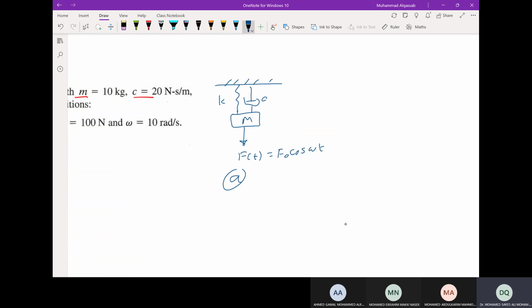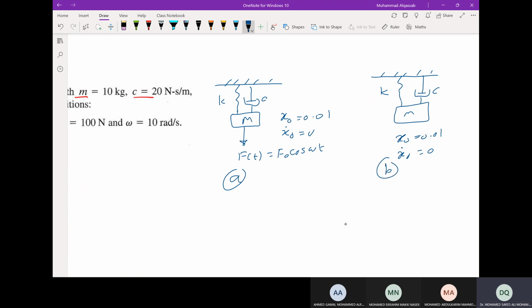Here we have x at 0 is 0.01 and x0 dot equal to 0. Condition B is the same system but without force, K, C, and M, and that F of t is 0. We have only initial conditions, x at 0 equal to 0.01 and x0 dot equal to 0. In each case, the question is to find the response. Total response is required.